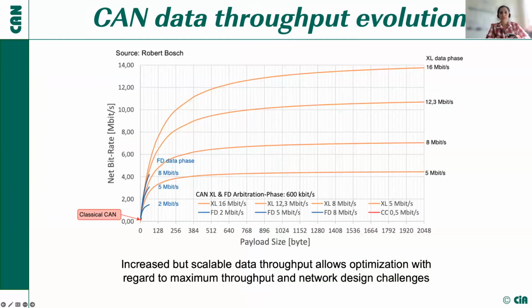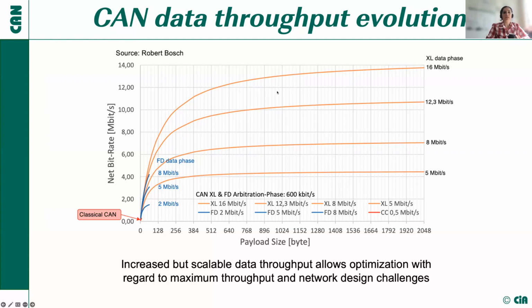You can see here in this slide a graph that shows you the ability of three CAN generations. As you can see here, using CAN CC and communicating up to 8 bytes, you can have 0.5 megabit per second. And by using CAN FD and communicating up to 64 bytes, up to 8 megabit can be achieved.